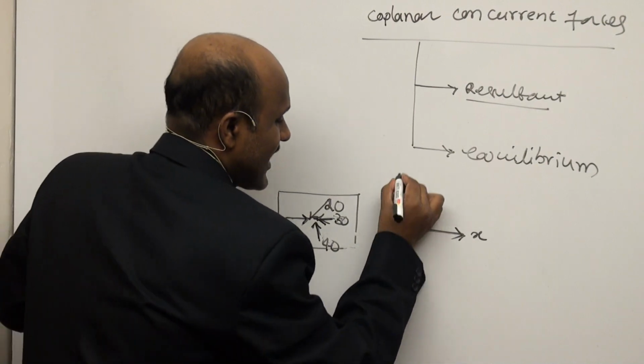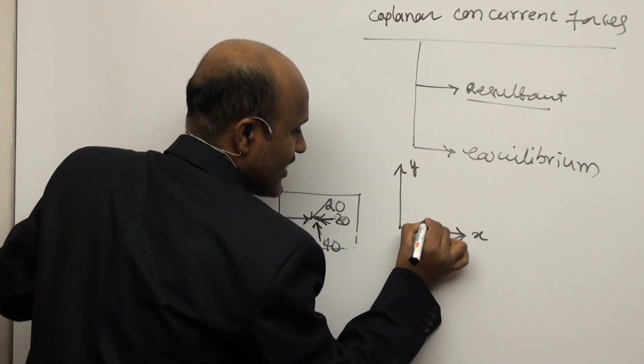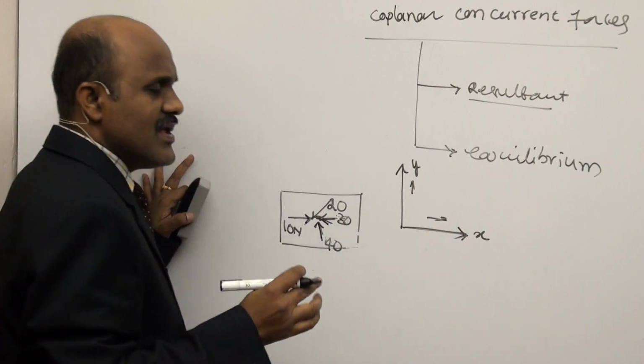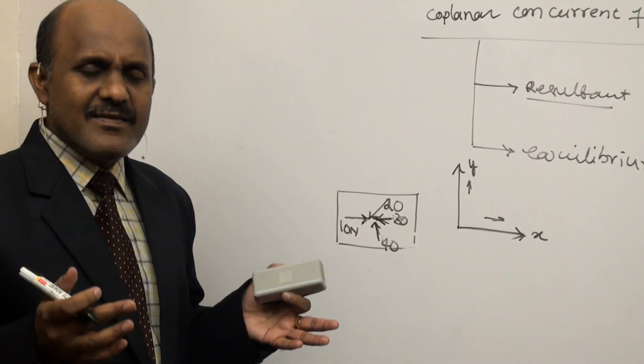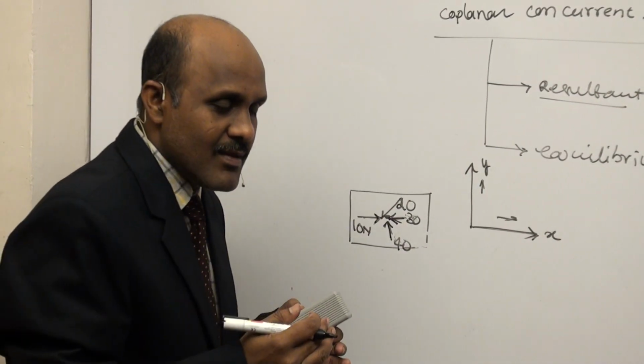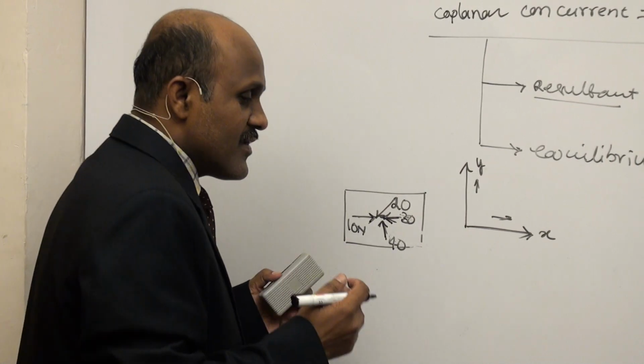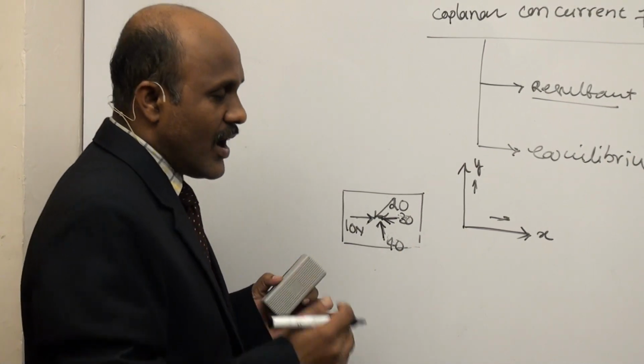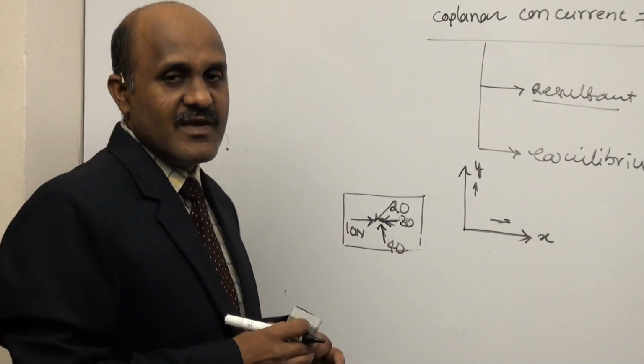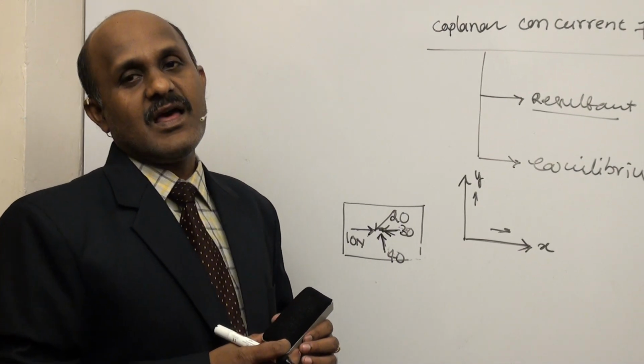What is the meaning of translation? The body moves in either this direction or this direction. That is nothing but translation. What is meant by translation? A body may change its position from one place to another place. That is called translation.